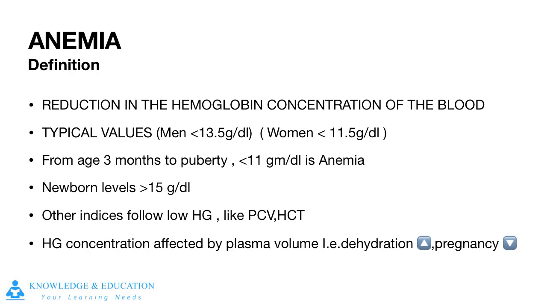So the degree of hydration of the plasma affects the concentration, obviously. For example, in severe dehydration, we tend to see high hemoglobin. This is just a false artifact due to reduced plasma volume. On the contrary, in pregnancy you see the other way around, where you see volume expansion due to hormonal changes, and obviously you see low hemoglobin.